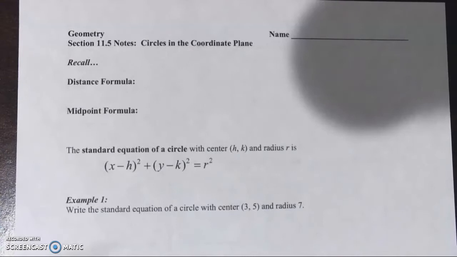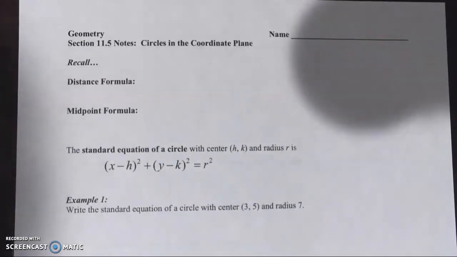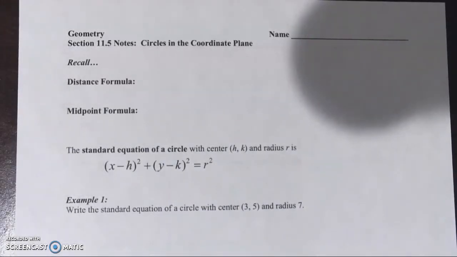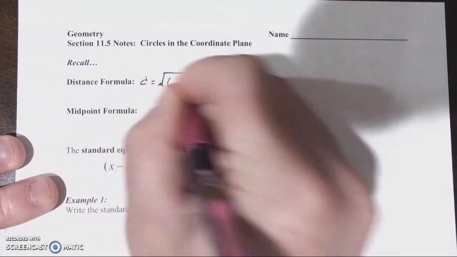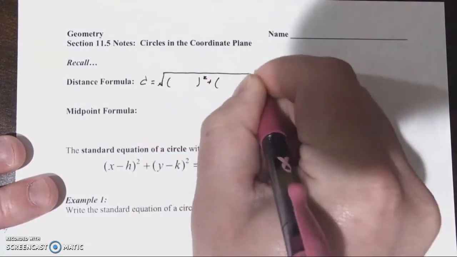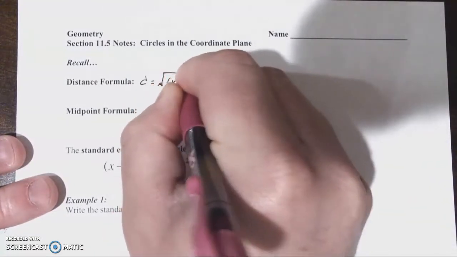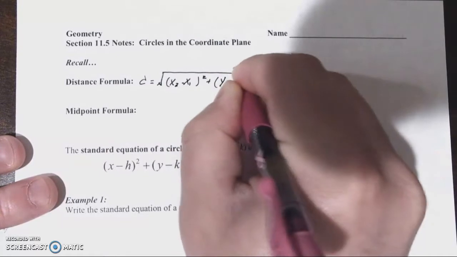Now we get a standard equation for what a circle looks like, and then based on the properties of that circle, we would be able to graph it. There are a couple formulas we should recall that might be important depending on what is given and asked of you in this section. The distance formula: square root of x2 minus x1, squared, plus y2 minus y1, squared.